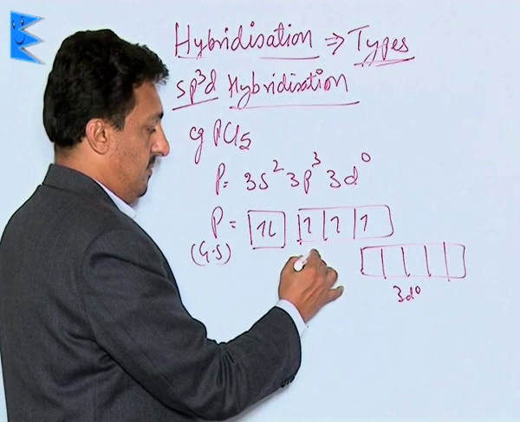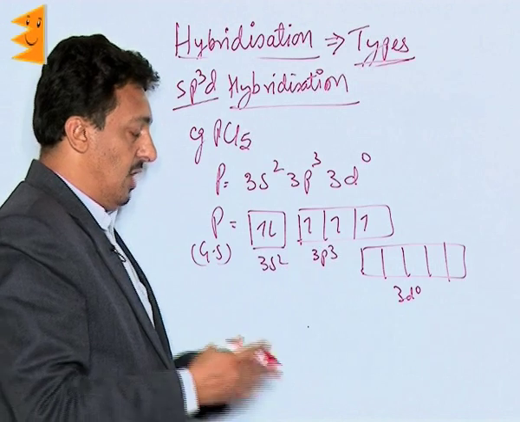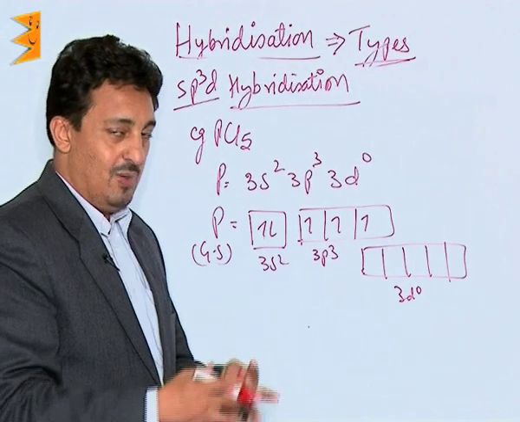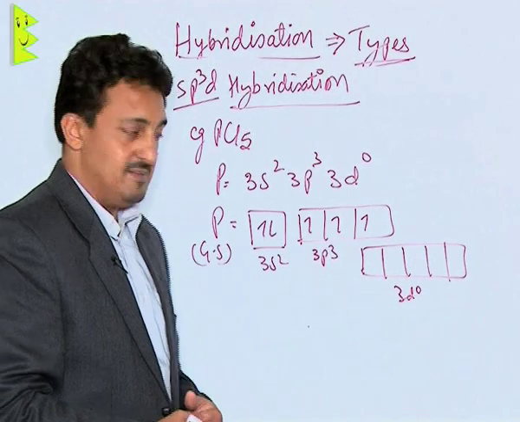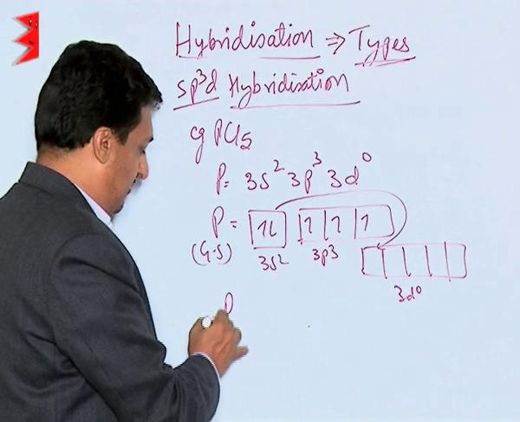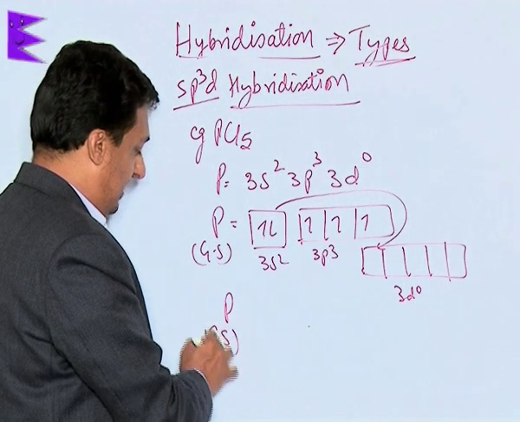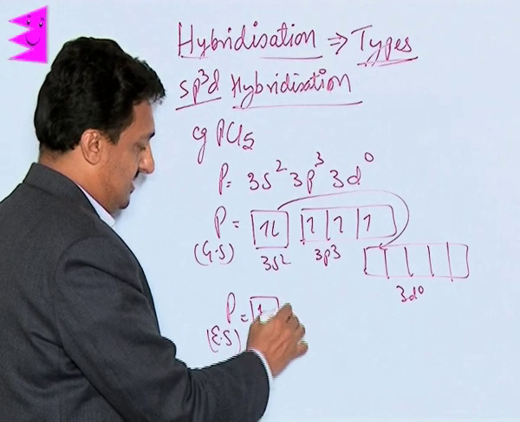It's like 3d0, 3p3, 3s2. Now, in order to have maximum covalency, since phosphorus has d orbitals, this electron jumps and gets unpaired. So in the excited state, phosphorus is almost like this.